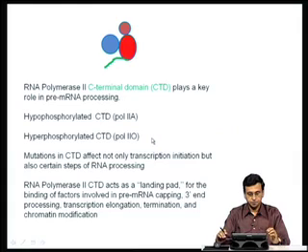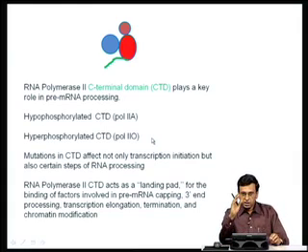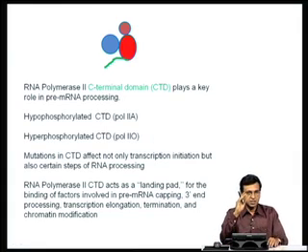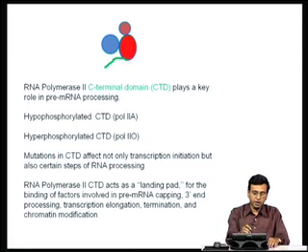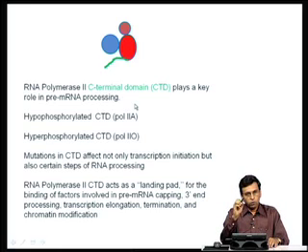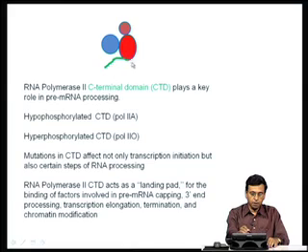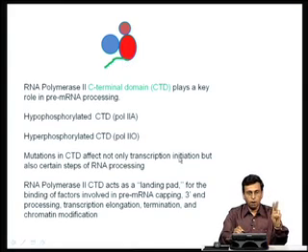Now, the point I am going to emphasize and discuss very intensely in today's class is the role of the RNA polymerase C-terminal domain in pre-mRNA processing. We have discussed in the previous classes that this RNA polymerase CTD, which I have depicted in green color here, exists in two forms.